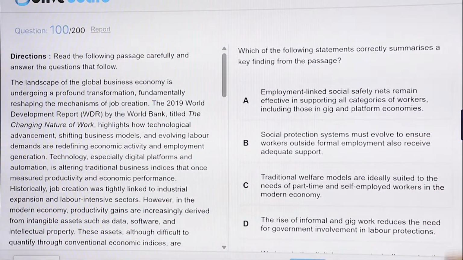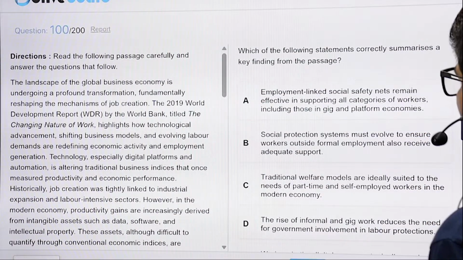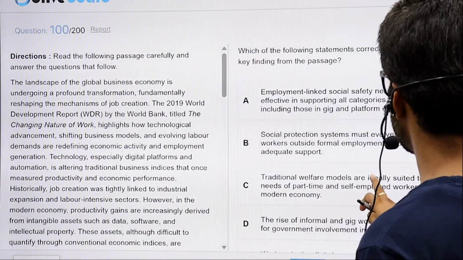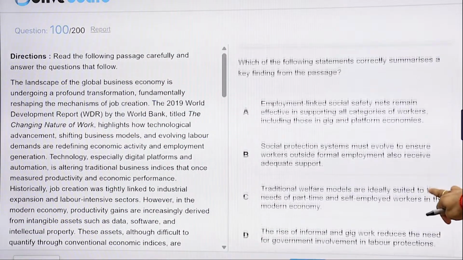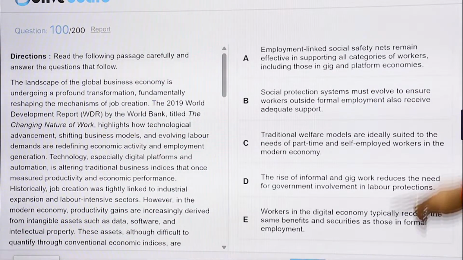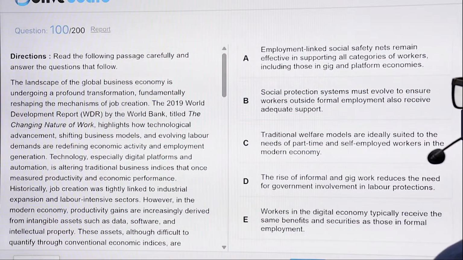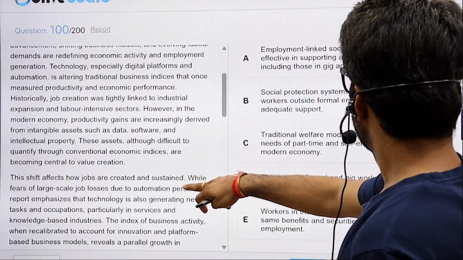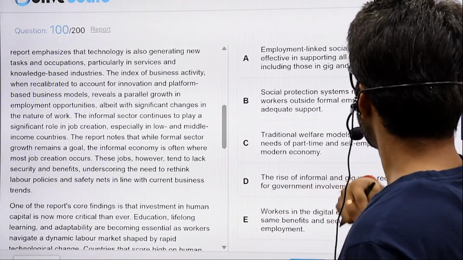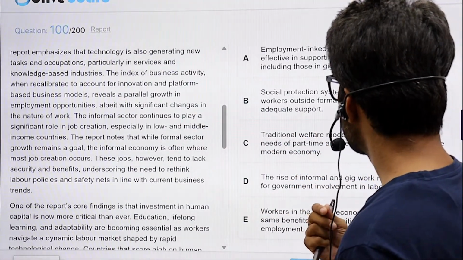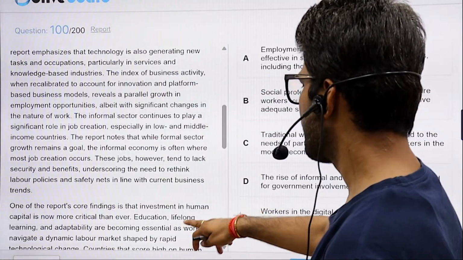Which of the following statements correctly summarizes a key finding from the passage? Employment linked social safety nets remain effective in supporting all categories of workers. I don't think anything such was there. Social protection systems must evolve to ensure workers outside formal employment also receive adequate support. That seems good to me.